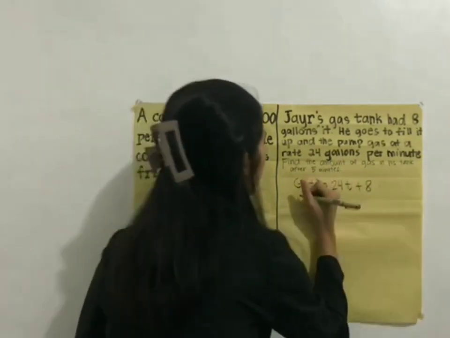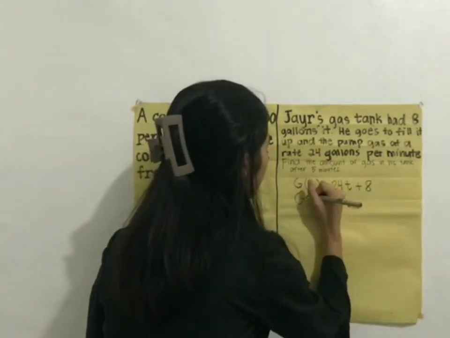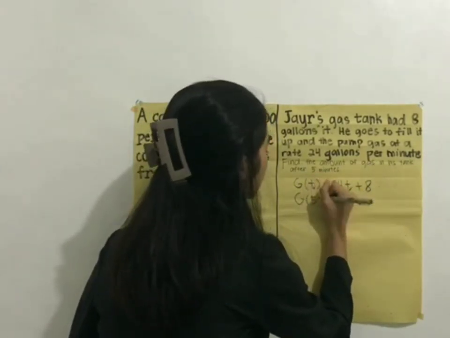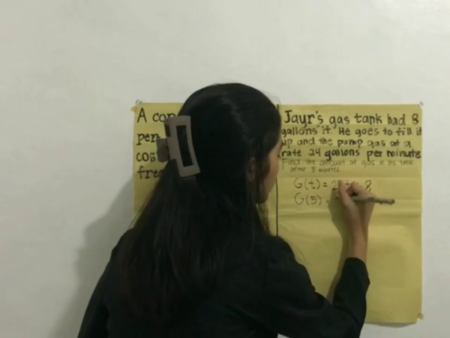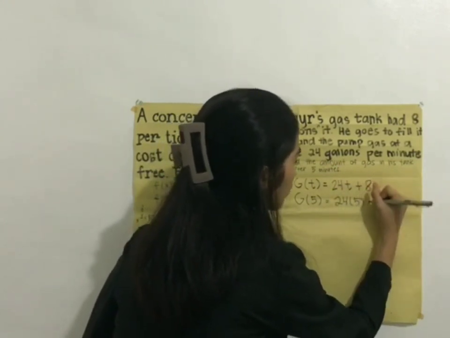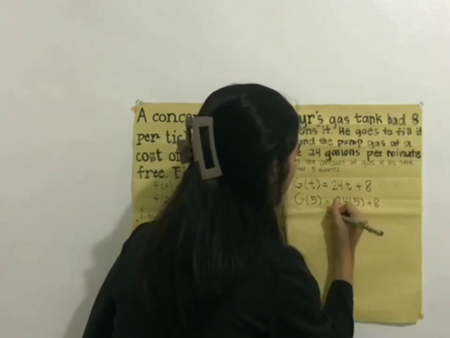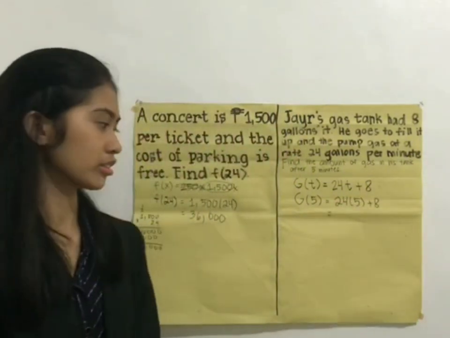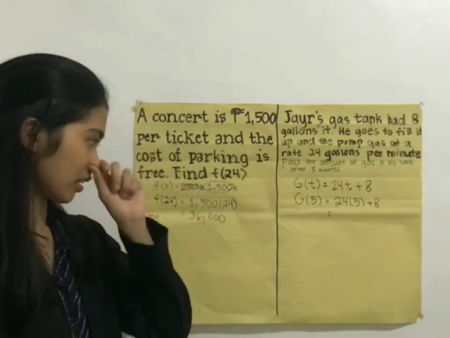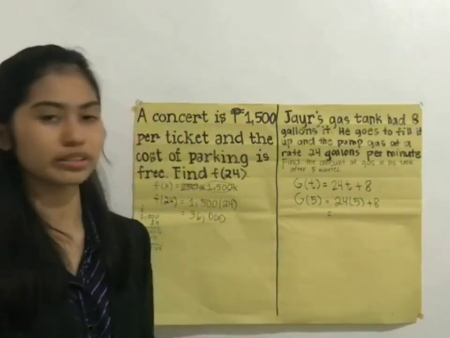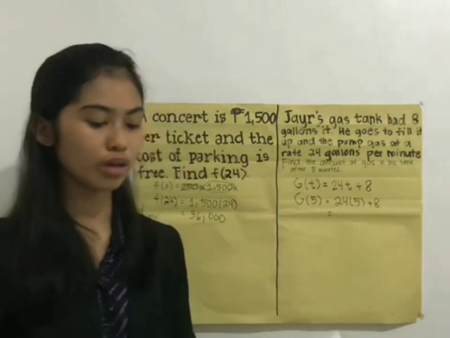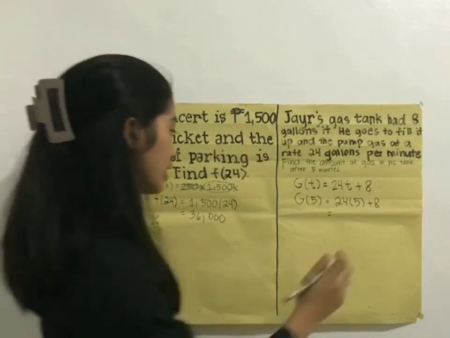So G(5) is equal to 24 times 5 plus 8. So what will happen next? We're just going to operate on it. So 24 times 5 is equal to 120.